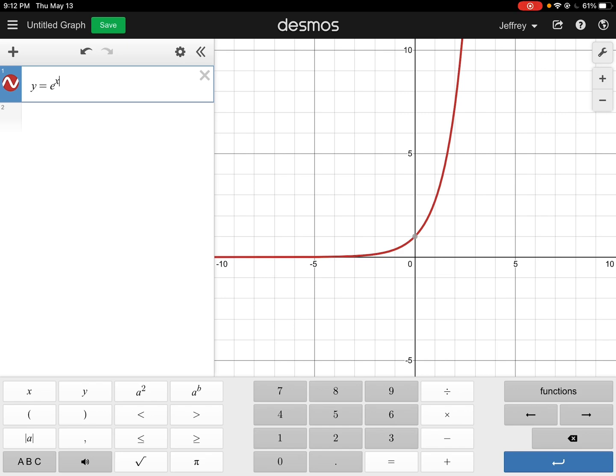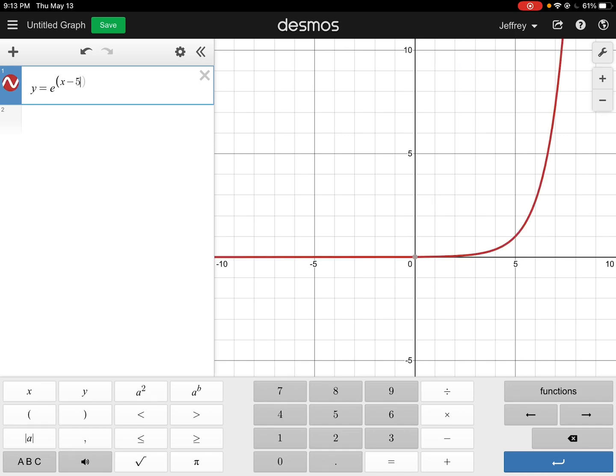I'm going to move it 5 units to the right. And so if you guys remember your transformations, I hope you guys do, horizontal transformations occur with the x value, and they are opposite. So if I need to move it to the right, I'm going to do -5. If I needed to move it to the left, I would do +5. So -5 right there.